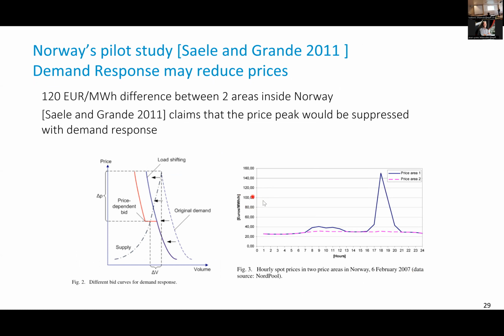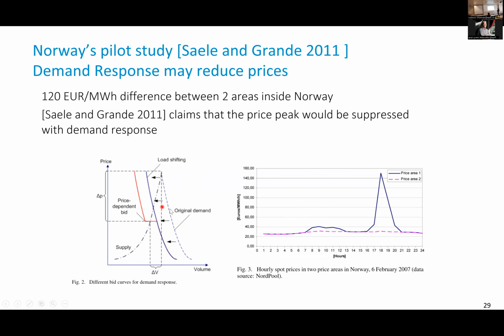Back to one example we saw a minute ago, in Norway they had this problem with the grid not being large enough. The way they solved the problem was by doing demand response in some parts of the country. If you look at the paper that reports on that, they show a shift in the demand curve. That's the demand curve that you had before doing this. The demand curve was crossing the supply curve, which generated a given price here.